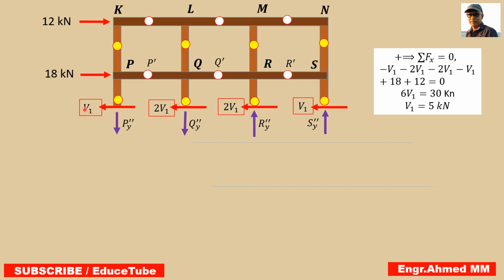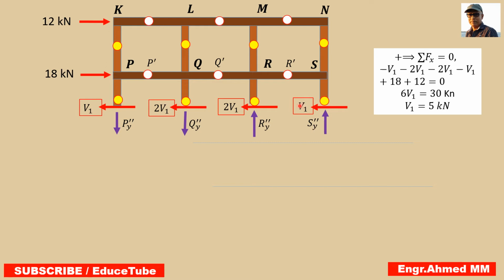Total lateral forces are 18 plus 12, this is 30, minus V1 minus 2V1 minus 2V1 and minus V1, equal to 0. Summation of horizontal forces equal to 0. So easily we can find V1 equal to 5 kilonewton. So we are sure now this is 5. For these two inner columns it will be 10 kilonewton, 10 kilonewton, and for the outside columns at these hinge points shear will be 5 kilonewtons.